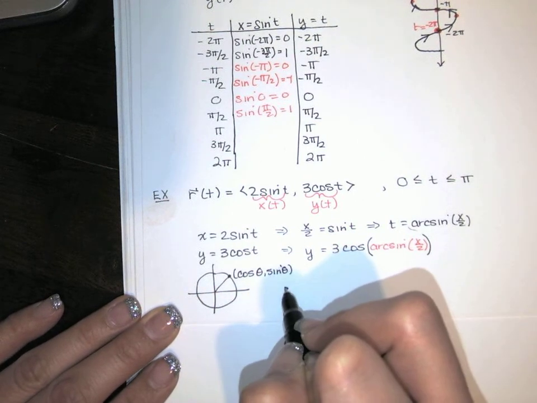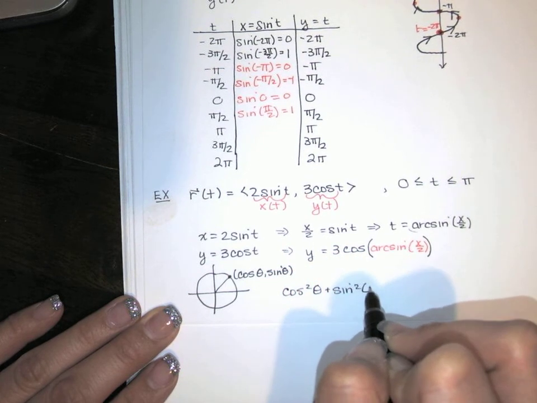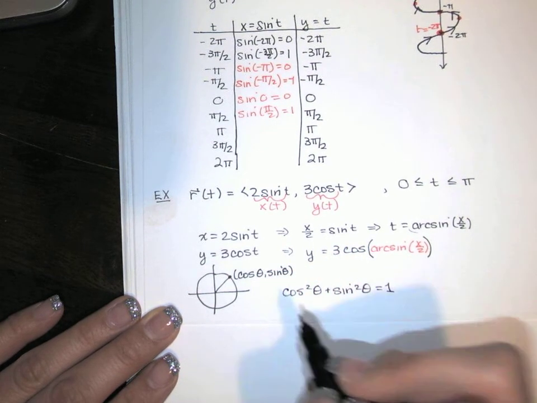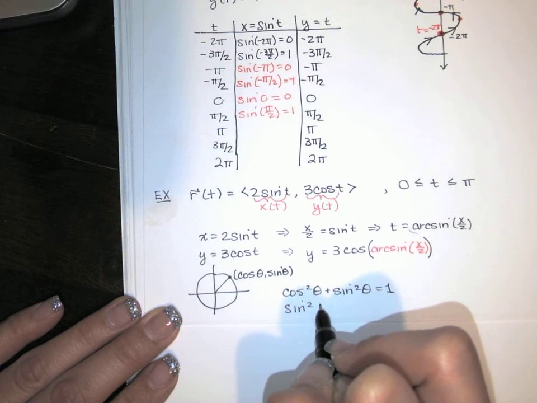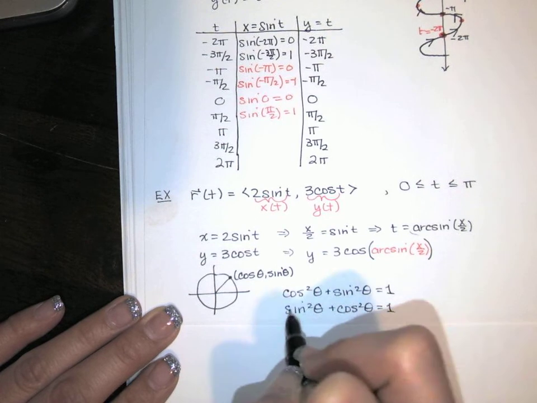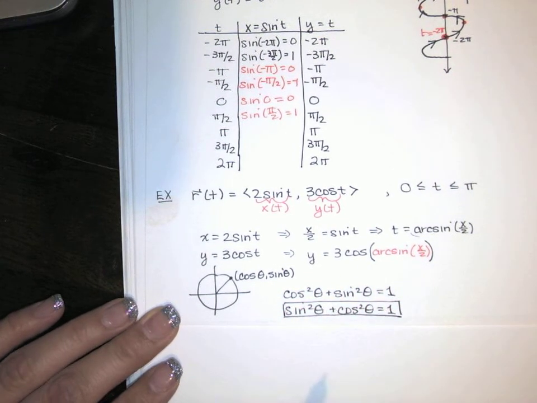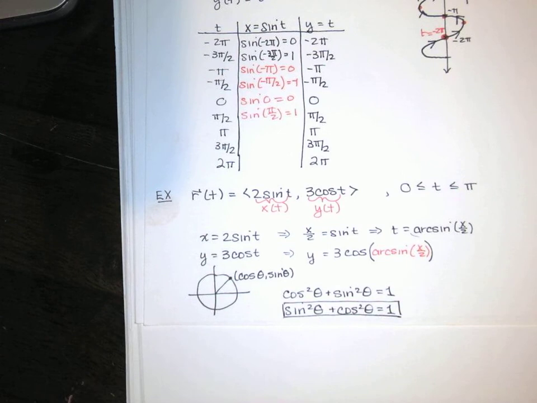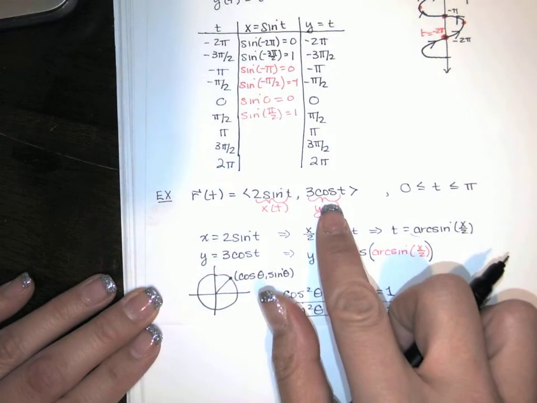So cosine squared theta plus sine squared theta equals 1. Usually it's written the other way: sine squared of some angle plus cosine squared of the same angle equals 1. According to the Pythagorean theorem, using this point on the unit circle, we get this Pythagorean identity. This is what we're going to use to get rid of the parameter t.